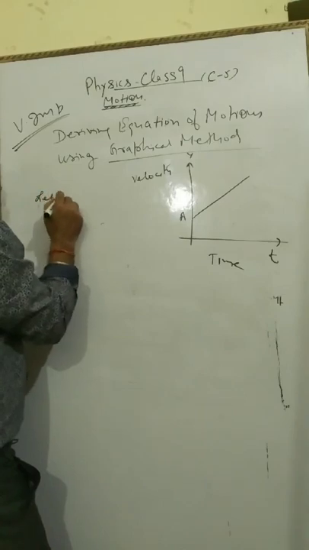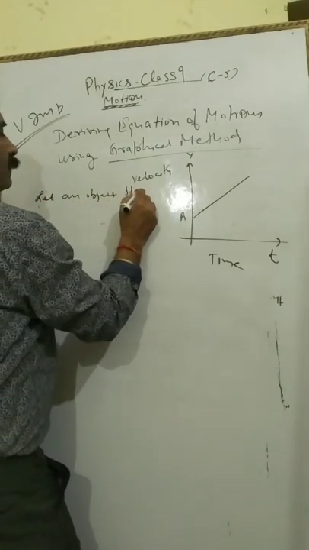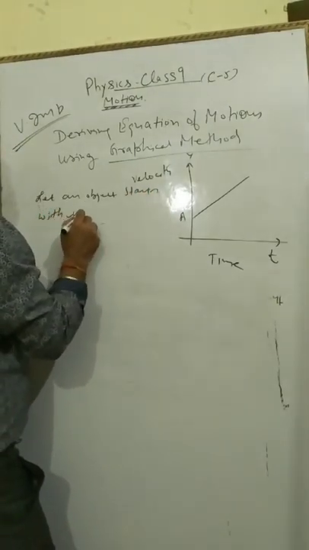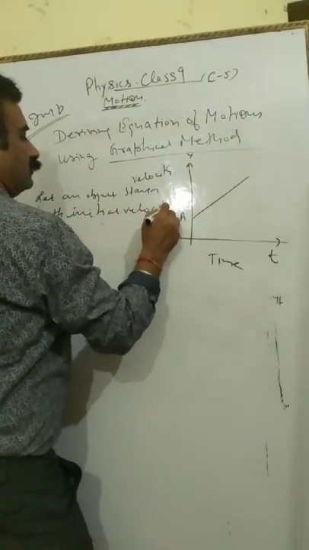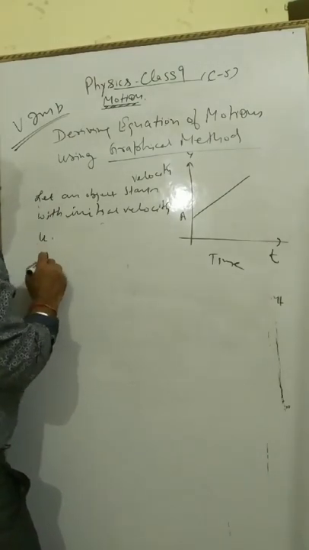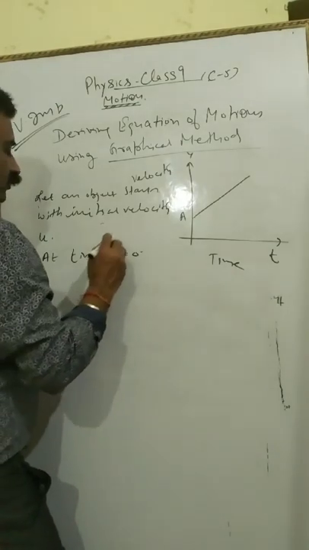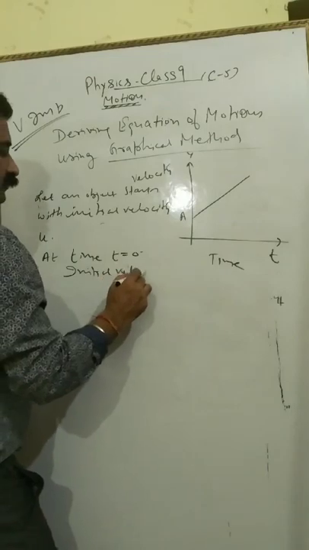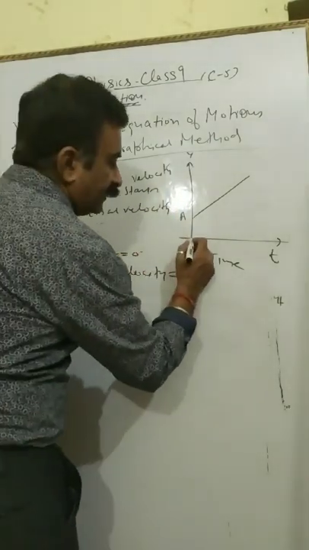Let an object start with initial velocity u. It means at time t equal to 0, the initial velocity is u.